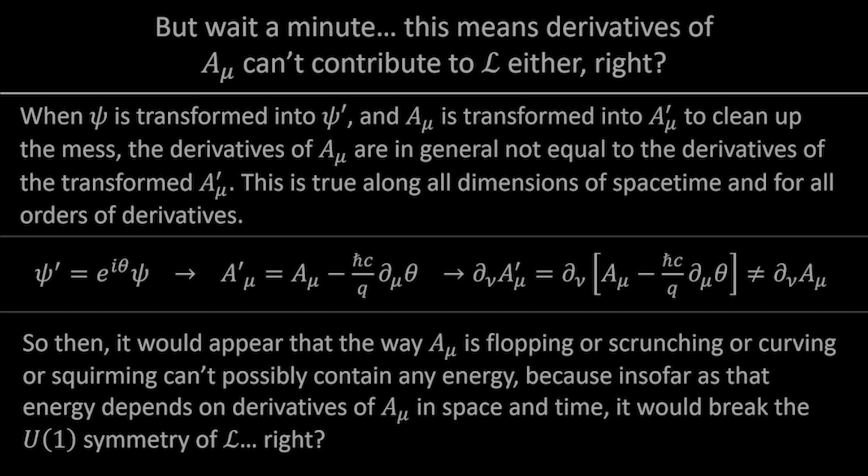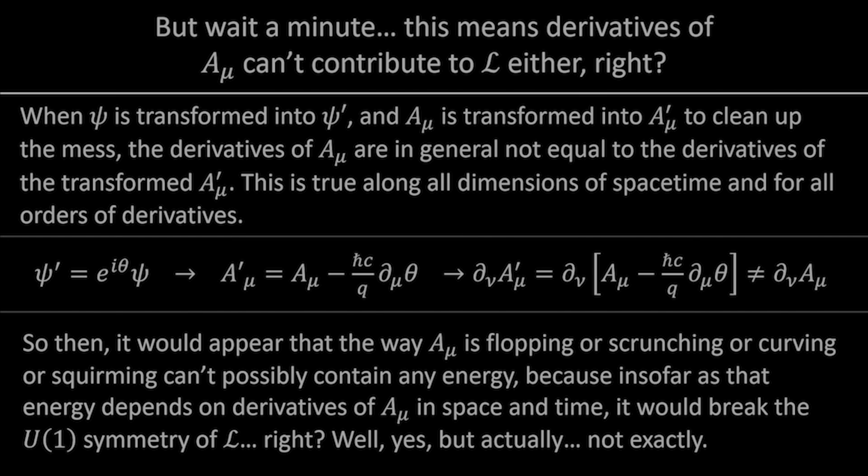But if that's the case, then A really can't do anything on its own. Because if the amount of A can't contain energy, and if the derivatives of A can't contain energy, then A's only claim to existence would be the way that it augments the energy momentum landscape of psi. And that's not very satisfying.